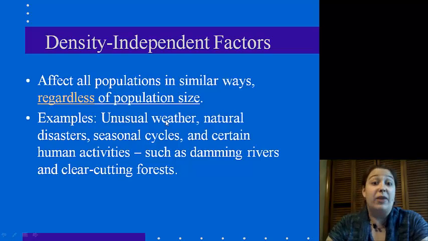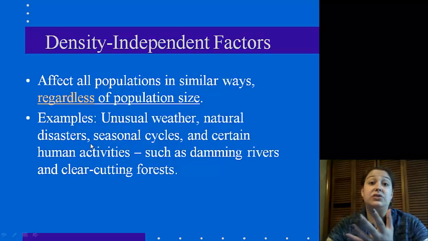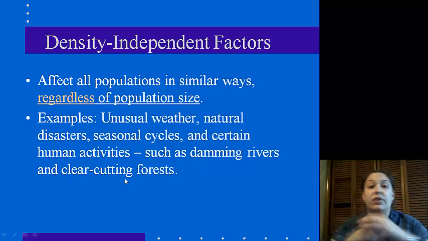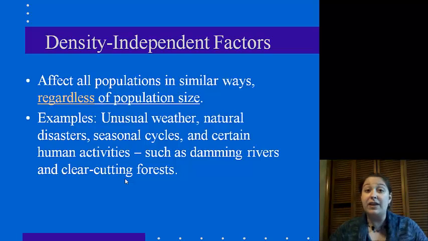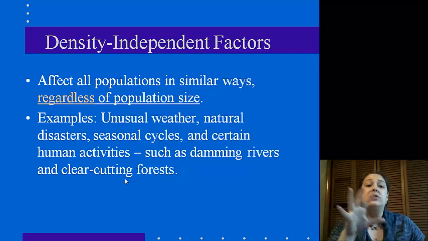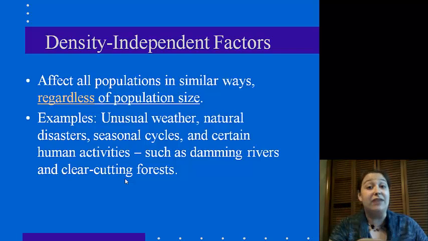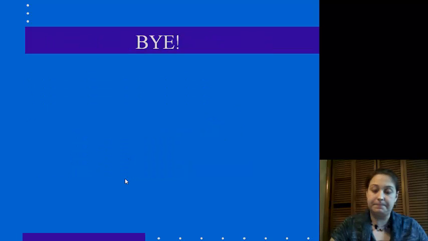Examples: unusual weather, natural disasters, seasonal cycles, and certain human activities, such as damming rivers or clear-cutting forests. Again, a tornado does not care if it's hitting an unpopulated area or a populated area. So, density-independent factors don't care how many individuals are there.